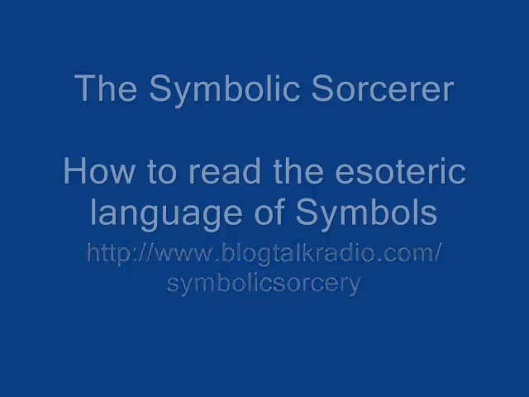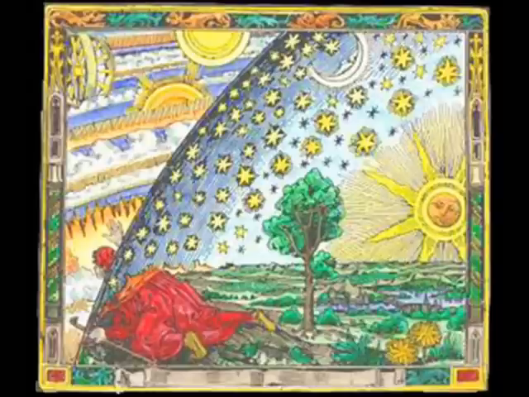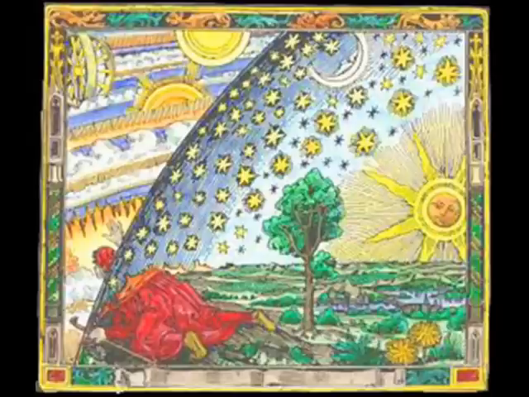This is our very special first episode of Symbolic Sorcery, and what we're going to be discussing tonight is some very basic ideas on symbolism, and then see how that relates to some more advanced and esoteric concepts that come up in things like tarot and Kabbalah and alchemy.